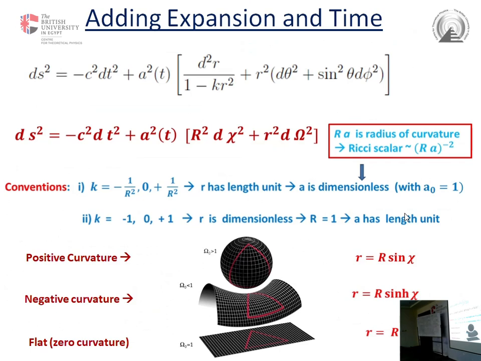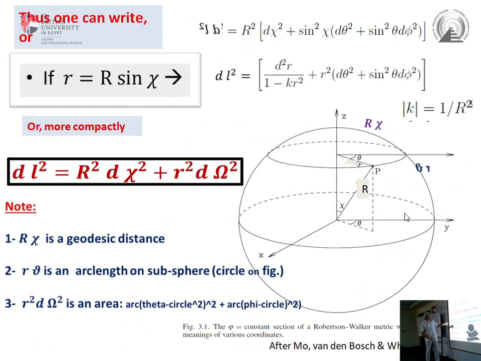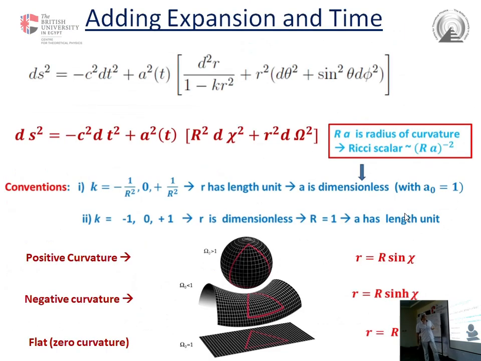A would be in meters or light years or kiloparsecs or megaparsecs or whatever it is. But we use this convention here. This is important if you want to actually calculate it. We use the convention that K, as we derived it, is 1 over R squared, plus or minus depending on the curvature, and R is the radius of curvature.